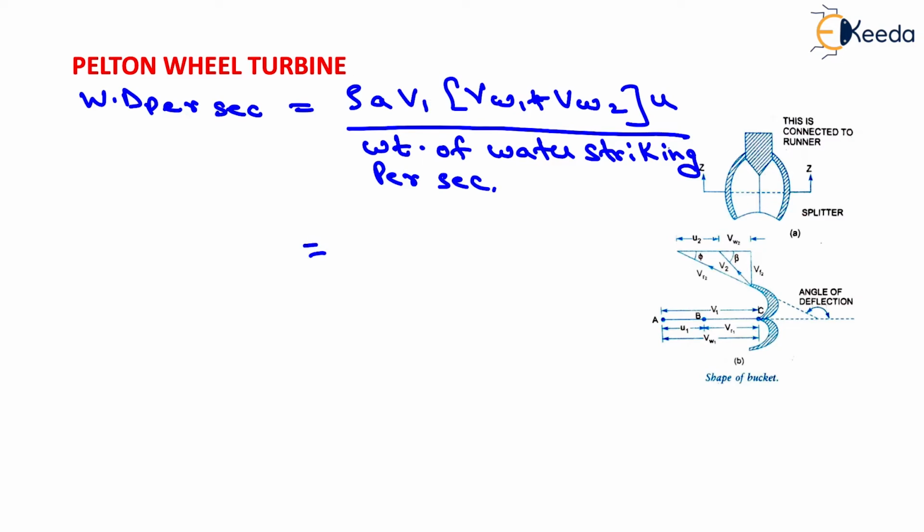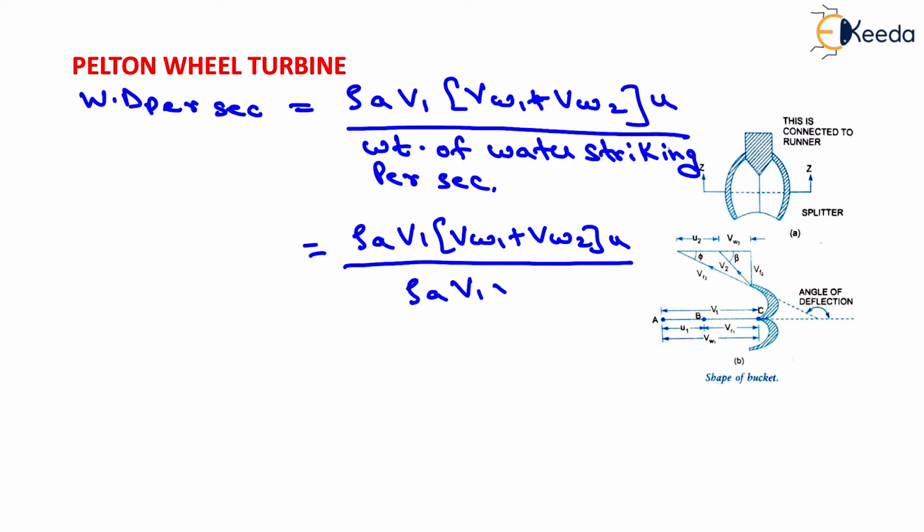So it will be equal to rho a V1 (VW1 plus VW2) into U upon rho a V1 into g. On cancelling out numerator and denominator, we have 1 by g into (VW1 plus VW2) into U. That is the work done per second per unit weight of water striking per second. Now we have to calculate the kinetic energy of the jet per second.